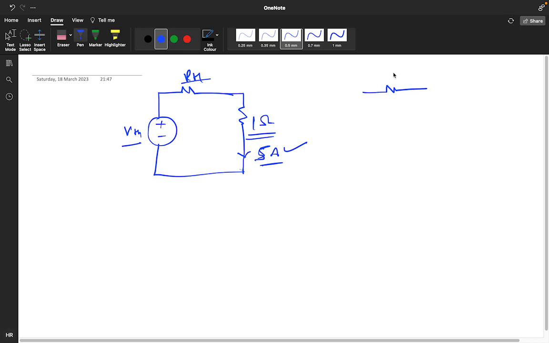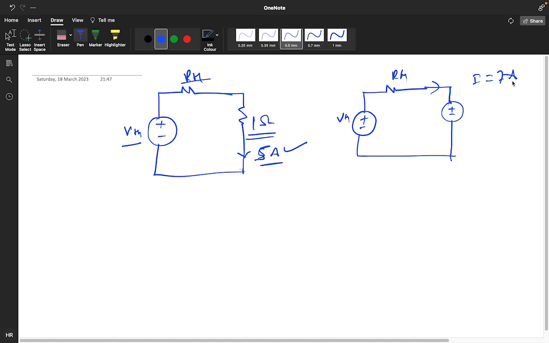When the same battery, with VTH and RTH the same, is connected not across the 1 ohm resistor but to some 2 volt voltage source, then its current is 7 ampere. It's given like this.